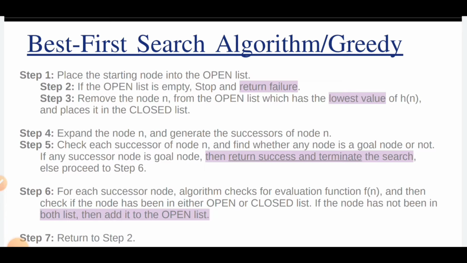The closed list includes those nodes which we will not prefer to go on with, based on their Hn value. Step 2: if the open list is empty, stop and return failure. Step 3: remove the node n from the open list which has the lowest value of Hn and place it in the closed list.